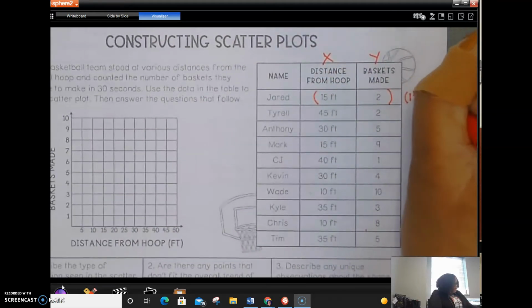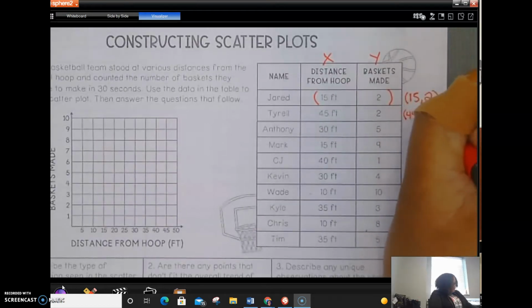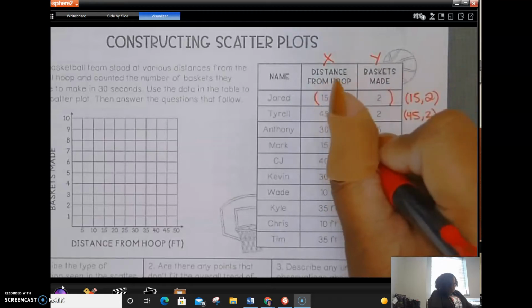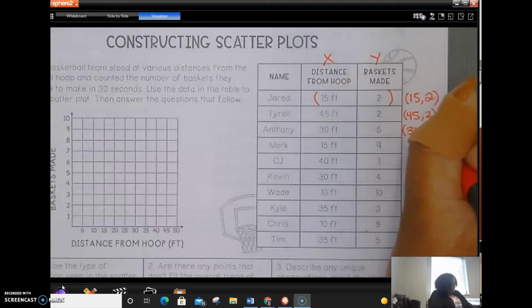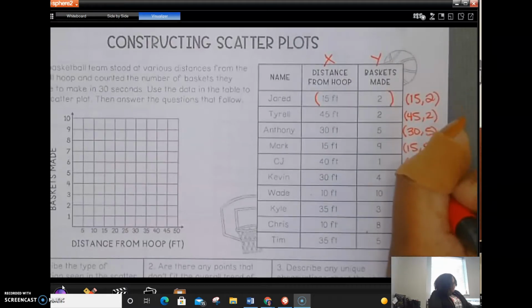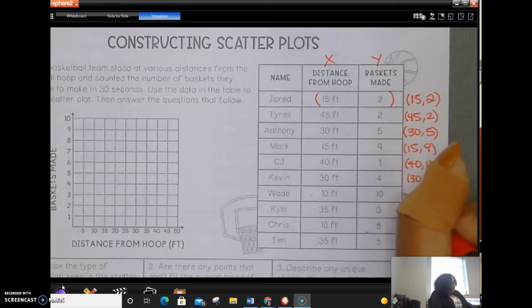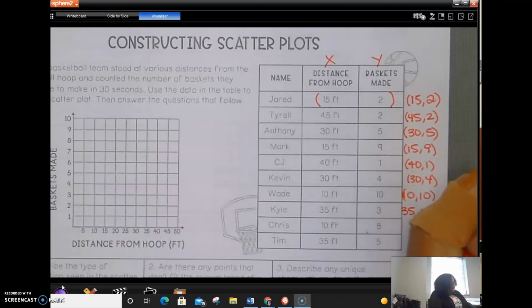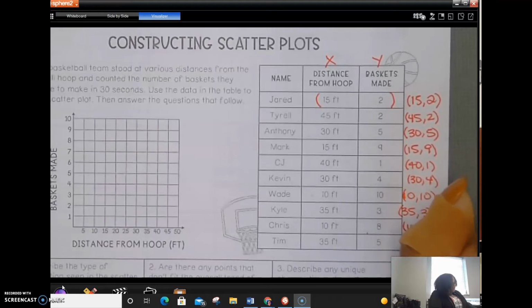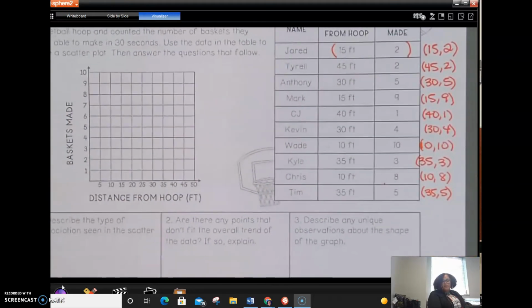So I'm going to plot 15, 2 for my first point, and then 45, 2, and then 30, 5, 15, 9, 41, 34, 10, 10, 35, 3, 10, 8, and 35, 5. Okay, so those are all the points that I have there.